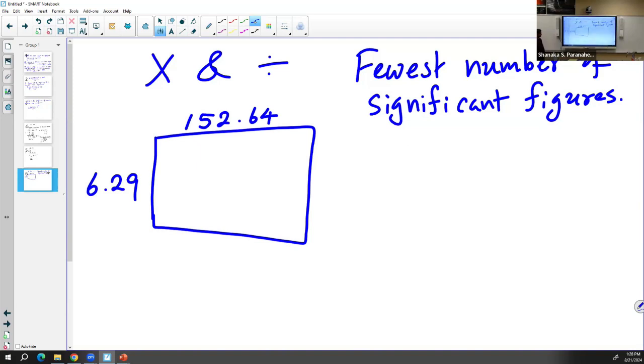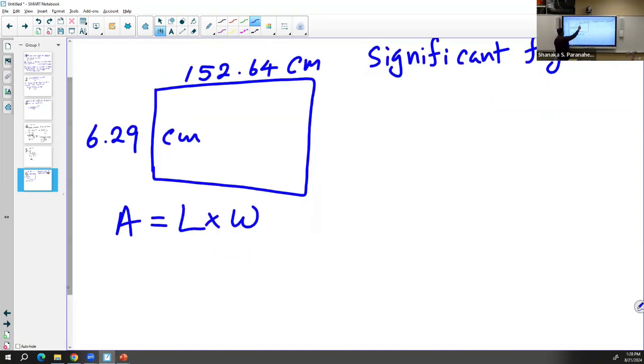I didn't draw it to the proper scale, but you get the idea. Length is 152.64 centimeters, and width is 6.29 centimeters. How do we calculate the area of a rectangle? Length times width.